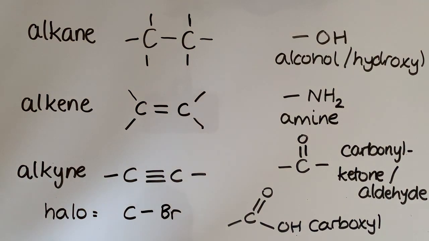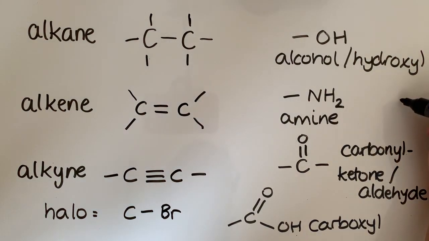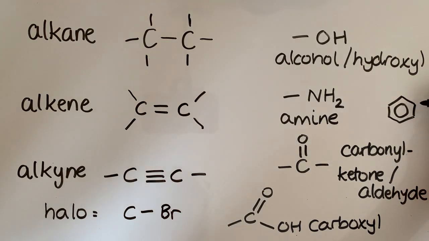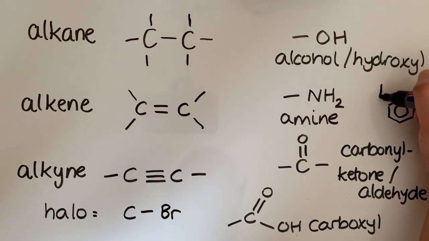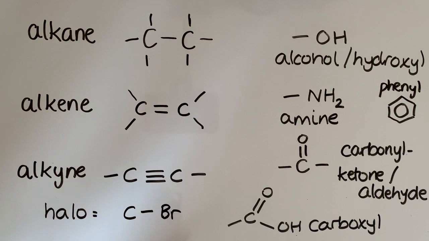And if we ever see that benzene ring, I'll just pop this in over here, this is known as either a phenyl or a benzyl group, like so. Okay, so these are the different functional groups. As I said, we are going to cover a few over the next few lessons, or some in second year as well, where we'll get to know how to name these properly.